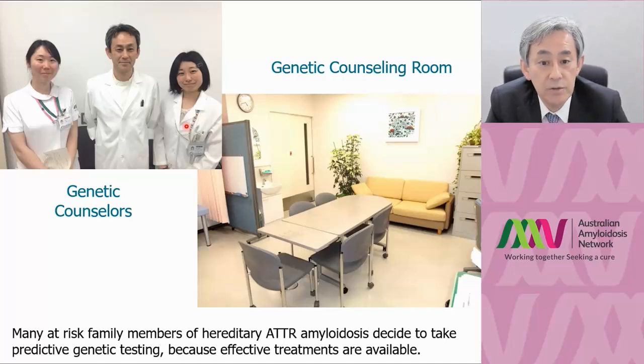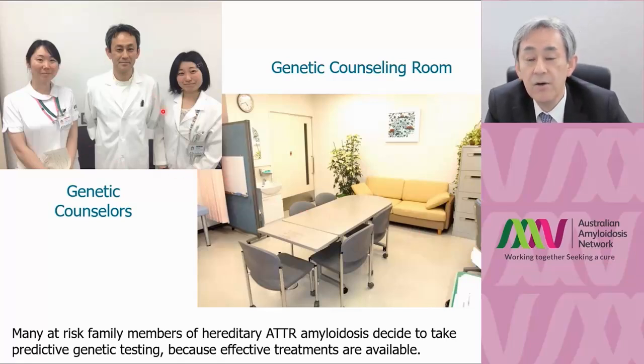This slide shows the genetic counseling room of our hospital. We prepare a large room for genetic counseling because many family members may visit. We have 3 genetic counselors in our hospital, and I usually perform genetic counseling with genetic counselors.